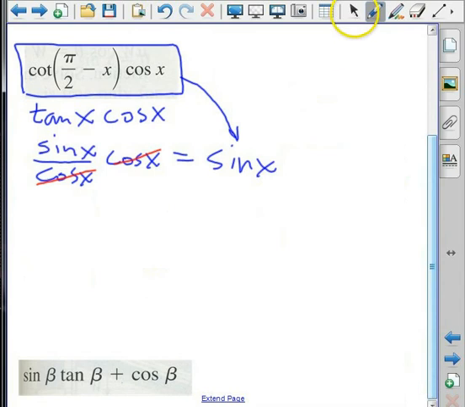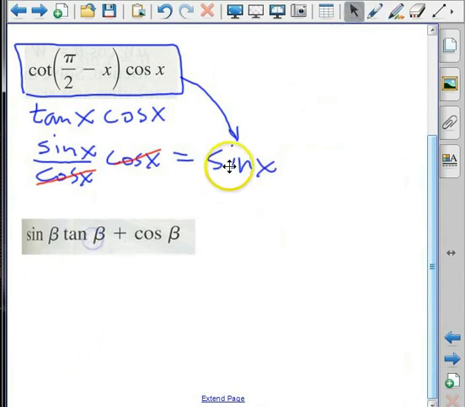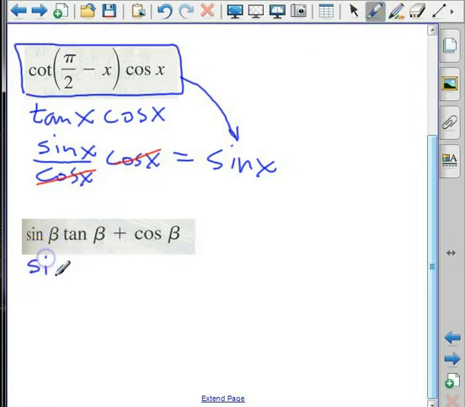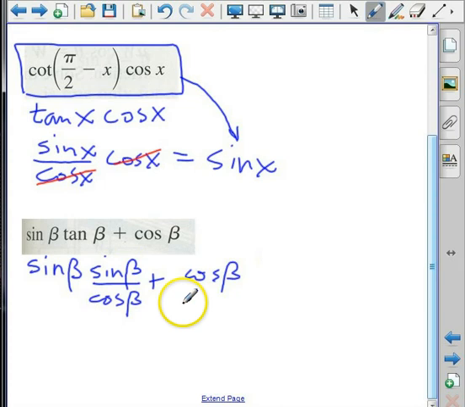Got one more down here. Okay, whenever I have sines, cosines, and tangents mixed together, I usually convert my tangents to sine and cosine. Let's see what happens when we do that. Sine of beta, and I'm going to replace tangent with sine beta over cosine beta, and then add a cosine beta to that. Okay, nothing's canceling over here, but what would happen if we got a common denominator? In other words, what if I put that cosine beta over cosine beta?